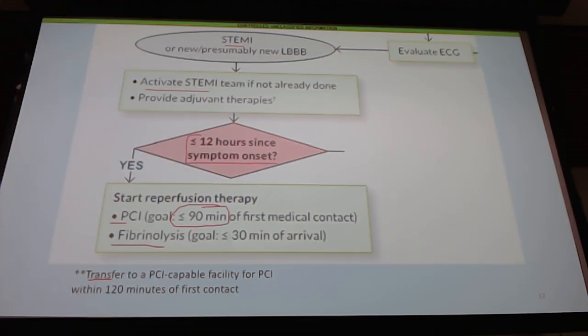With additional ST elevations in V2, V3, that'd be more of an anterior septal area. But if you're talking about leads 2, 3, and aVF, yes, that's your inferior wall, and that's where you definitely would do that right-sided EKG. Before you're doing nitro and before you're doing morphine. Correct.